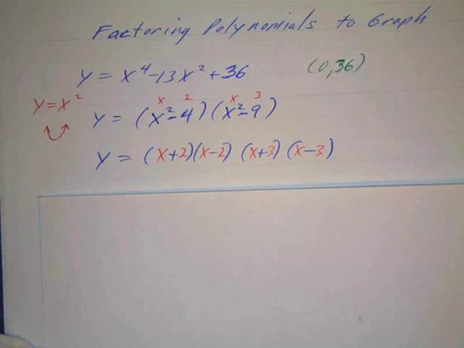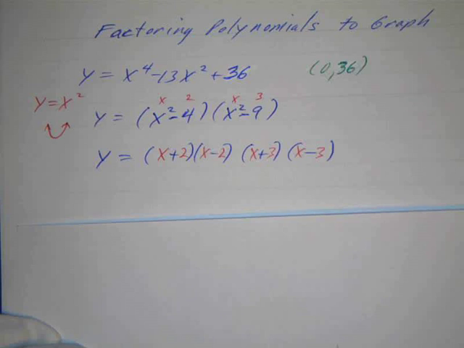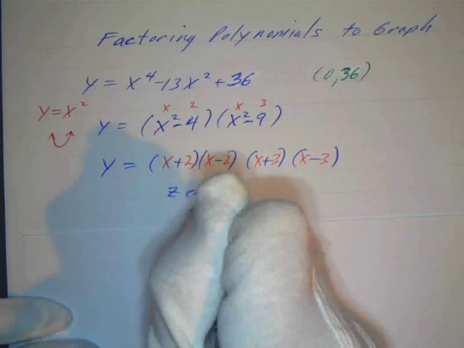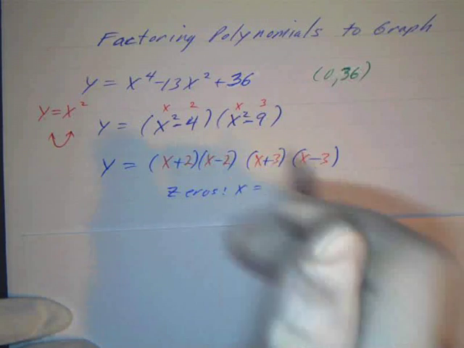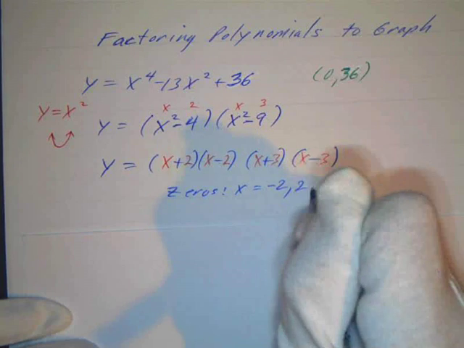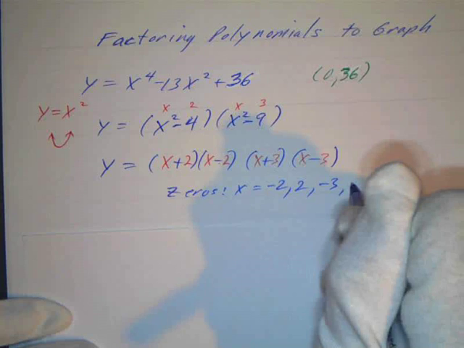And now we've got it all factored out. We've got our 4 zeros. What are our 4 zeros going to be? X equals negative 2, plus 2, negative 3, and plus 3.